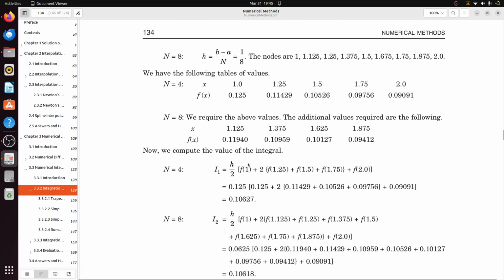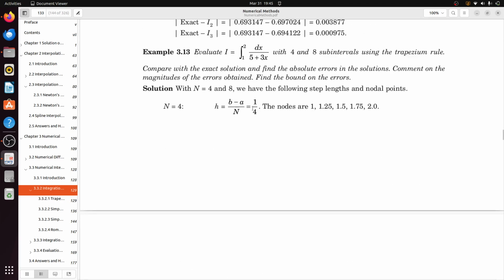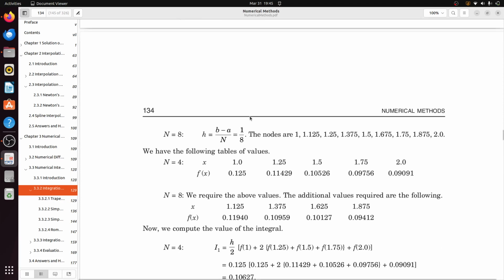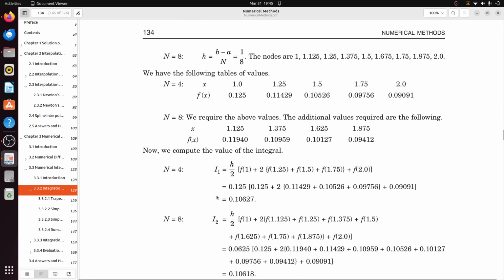Then this will be h by 2, f1 plus 2 into the in-between nodes, plus f at 2.0. You compute it and you get 0.10627.